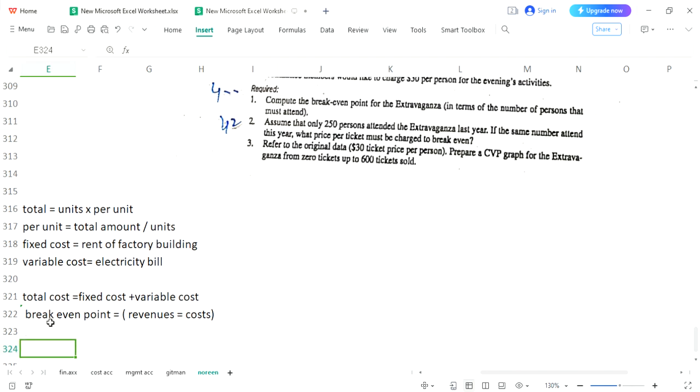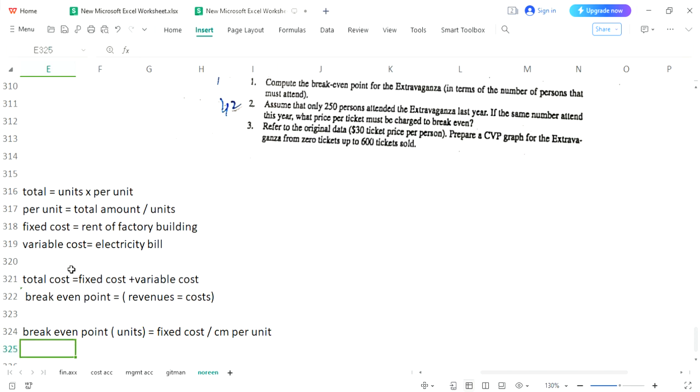So how do you calculate it? There is a short formula for break even point, but you will have to see what the requirement is. If break even point is asked in terms of units, you will calculate it by taking fixed cost and dividing it by CM per unit. We haven't discussed contribution margin per unit yet, so let's see it.